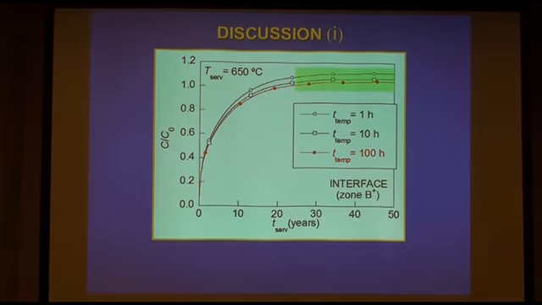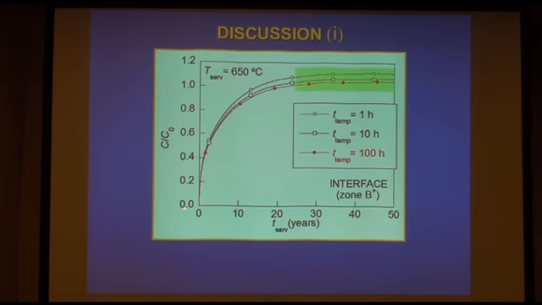Let's go to the discussion. This is the plot of the equilibrium approach, the quasi-static, quasi-stationary solution of the hydrogen diffusion problem. This is the concentration versus the reference concentration for the material free of stress, for a tempering temperature of 650 degrees, and this is the service time in years.